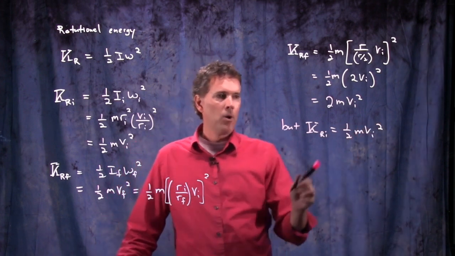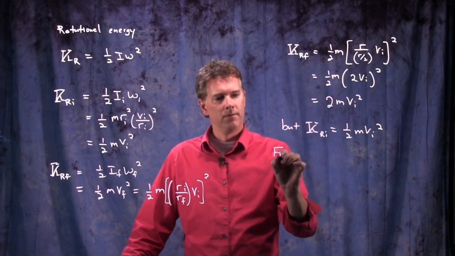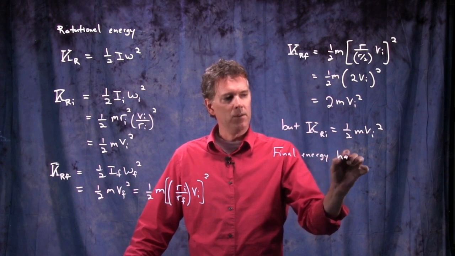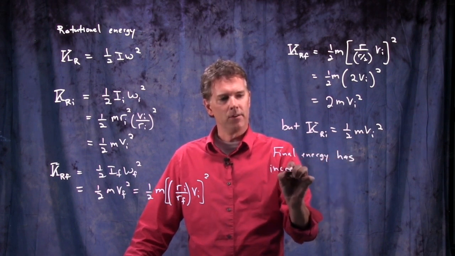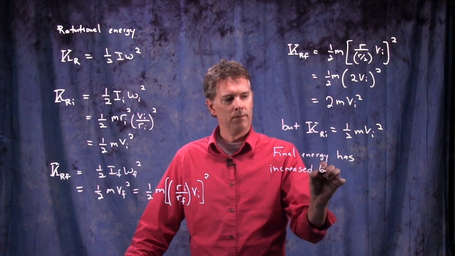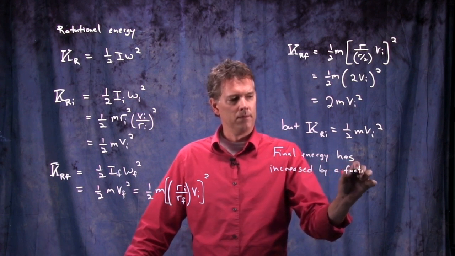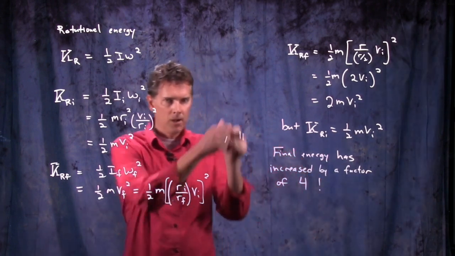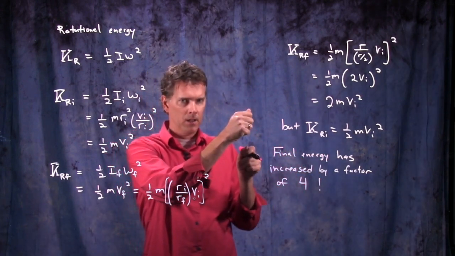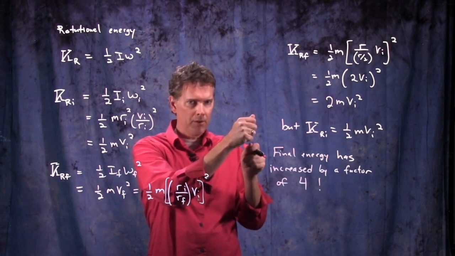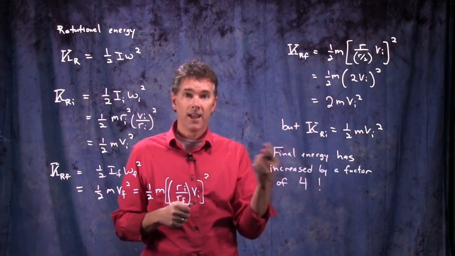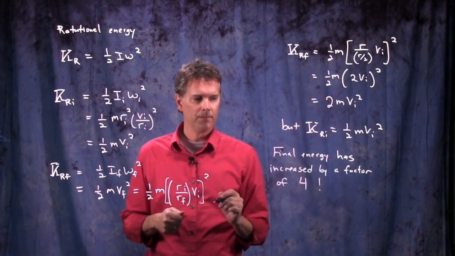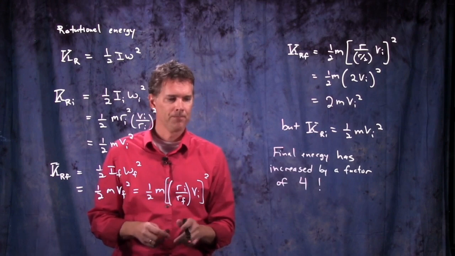And so our final energy has increased by a factor of 4. Somehow just pulling on that string, half the length of the string, that ball is now rotating with 4 times the energy that we had before.